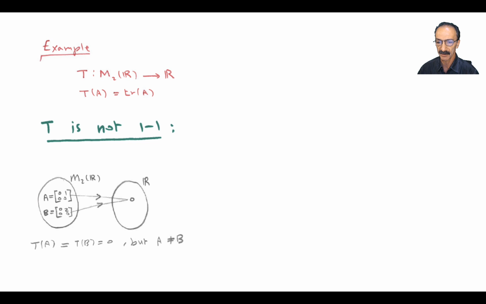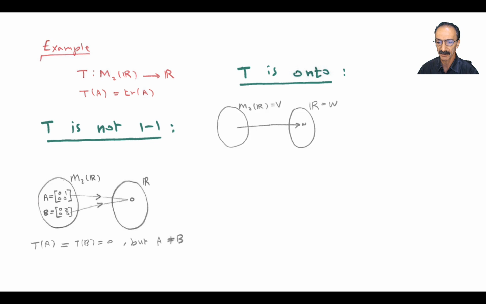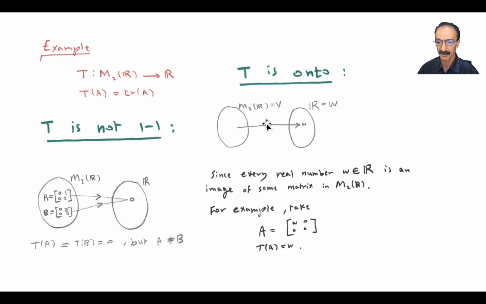Next, T is going to be onto. Why? To explain it, if you take any element, any number in R, which is W, this will be an image to some vectors, which are matrices of 2 by 2. Could be more than one. That's what does not make it a one-to-one function.